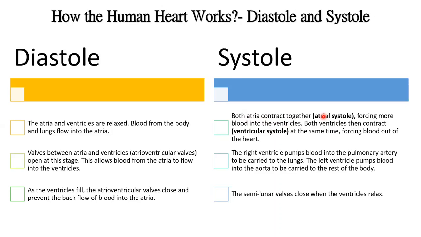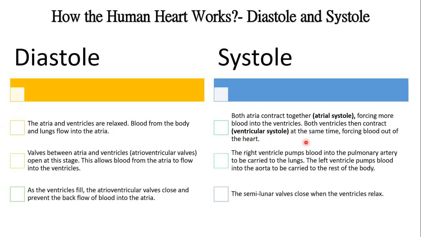Now, there is also what they call ventricular systole. During ventricular systole, both ventricles would then contract at the same time, and they would force blood out of the ventricles, out of the heart. So during ventricular systole, when the left ventricle contracts, blood would be forced out of the heart through the aorta, right?